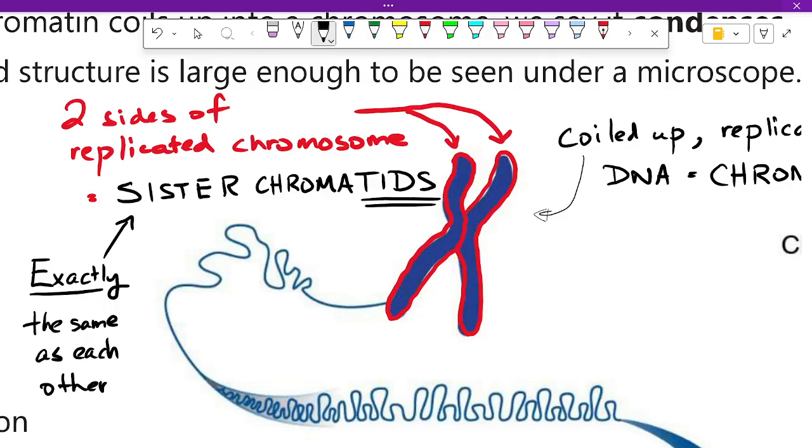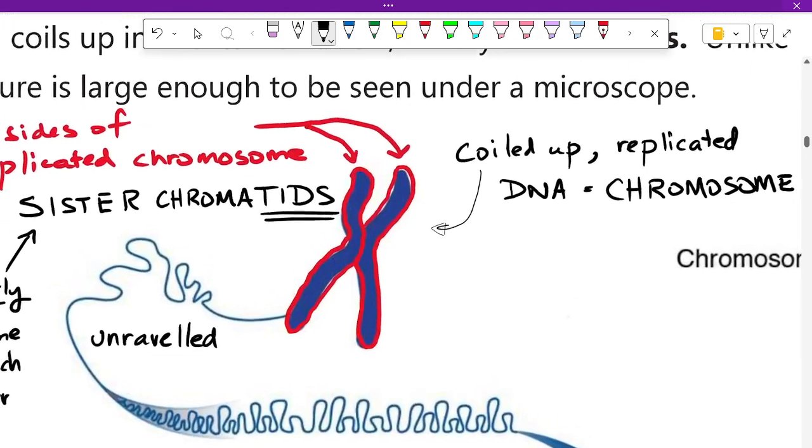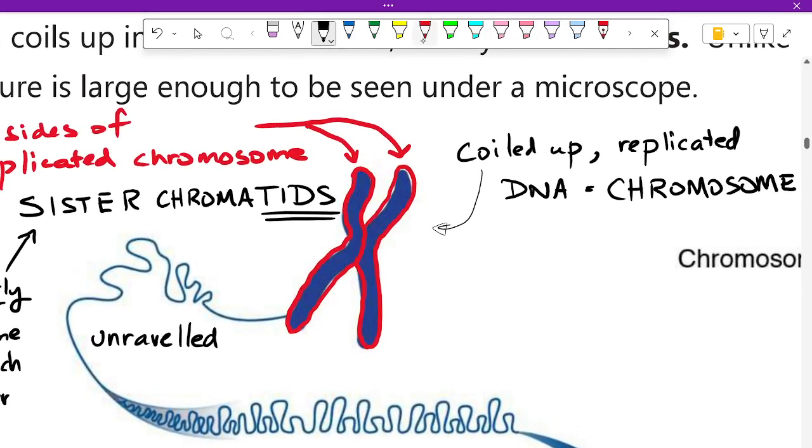So if you take those sister chromatids, those replicated chromosomes, that coiled up chromosome, and you unravel it, by the way, what is the word meaning coiled up, condensed?